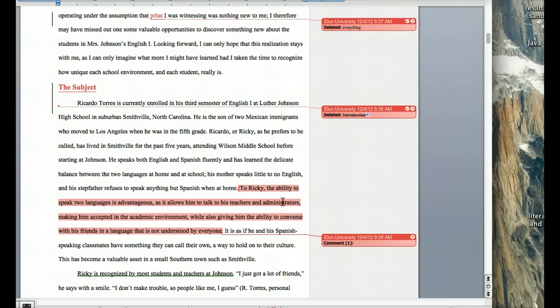I like how it's pointed out that Ricky's attitude towards being bilingual is different from his stepfather's, apparently. As we've talked about in class, some students can see what school does as a threat to their identity, but Ricky seems to see at least bilingualism as an opportunity, as something that's additive.